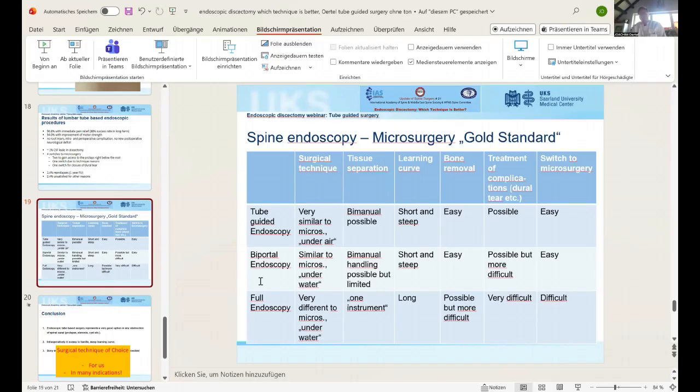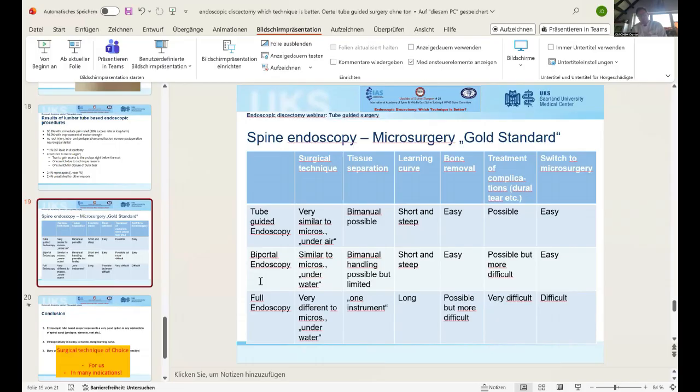The big difference between tube-guided and biportal is that the biportal has a better angulation for bimanual technique. This is a big advantage. The disadvantage is that you have actually more transmuscular manipulation. The manipulation of the muscle tissue is much larger than in the tube-guided case. But still it's quite similar, a little bit different since you have it underwater and irrigation.